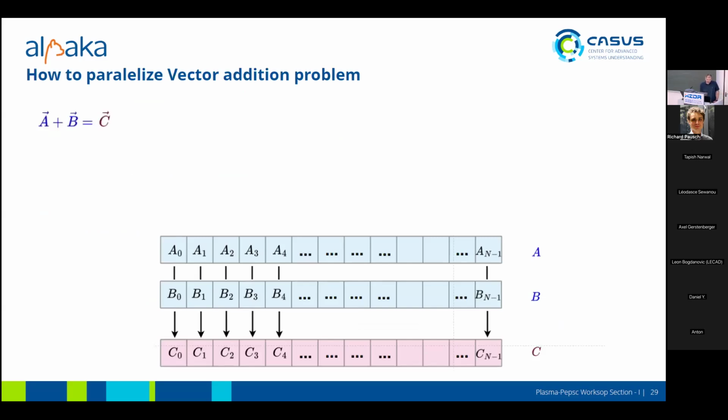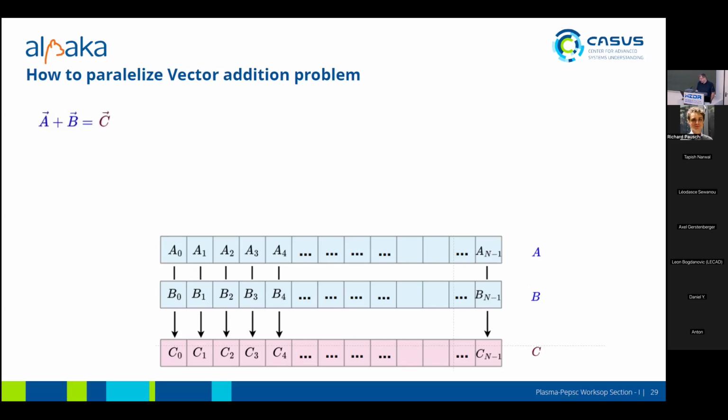I would like to talk about a specific problem. This is a vector addition problem. Let's assume that we want to sum two vectors by utilizing the parallelism of the hardware.